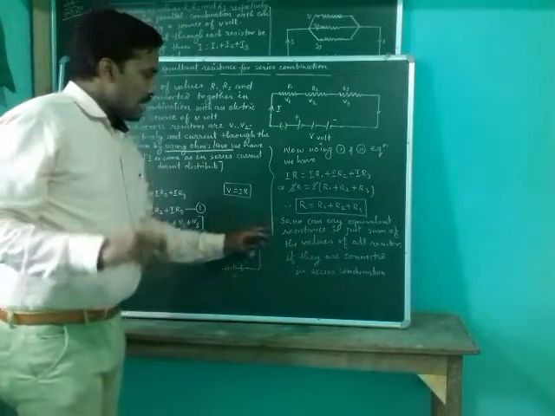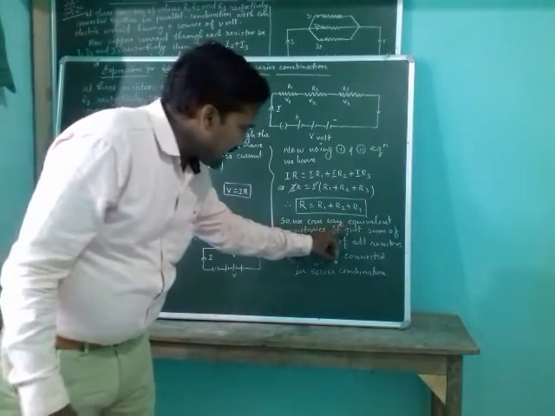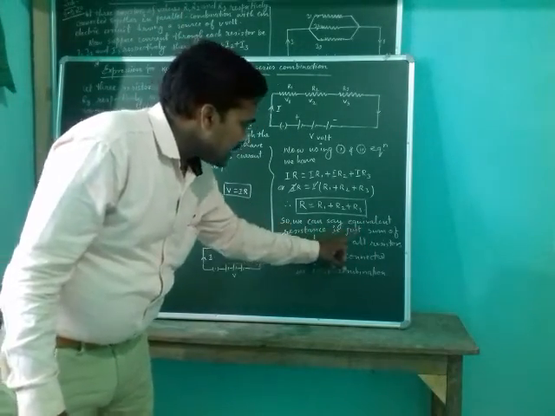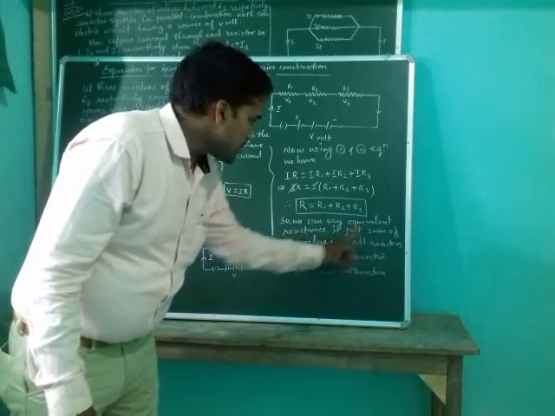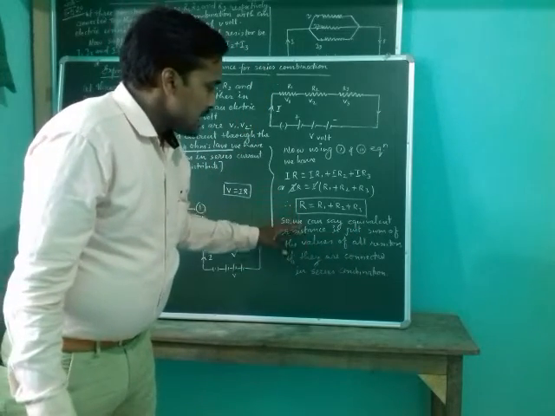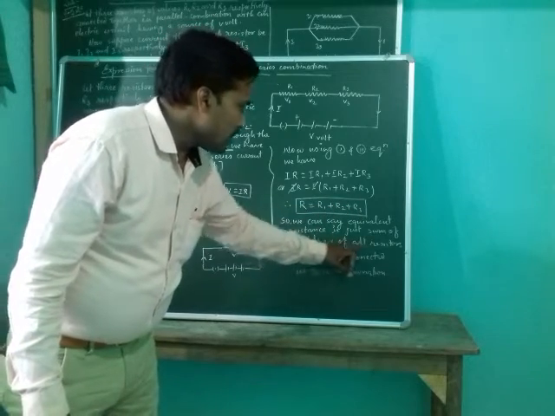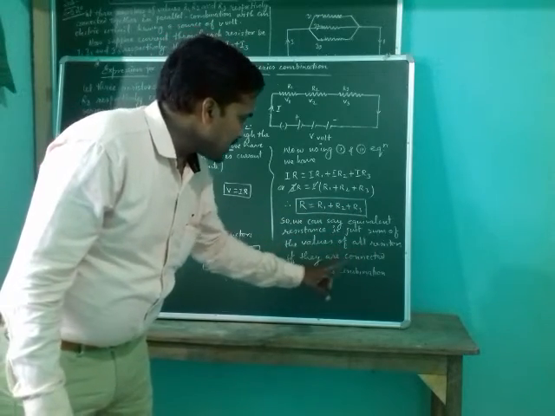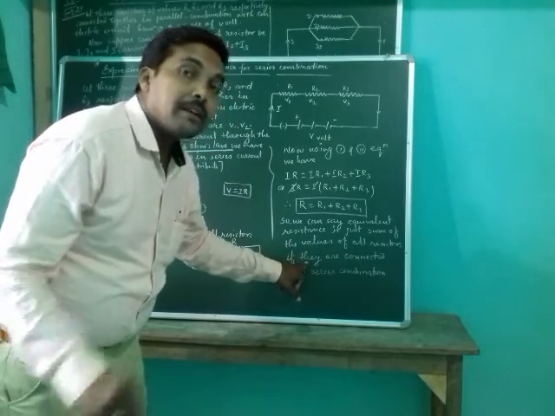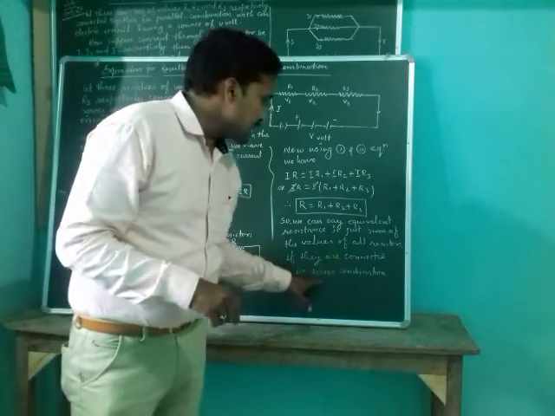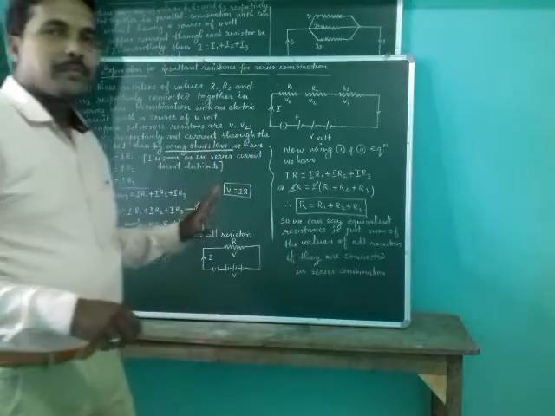So in conclusion, I have written here that the equivalent resistance is just the sum of the values of all three resistors, if the resistors are connected in series combination. Okay, got it.